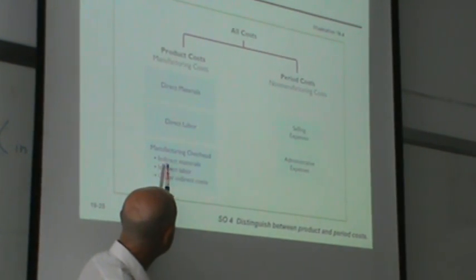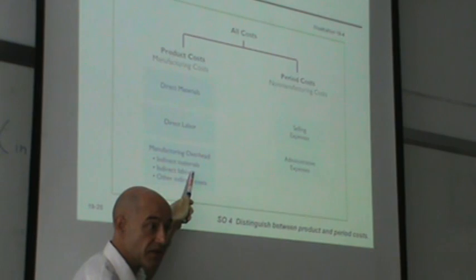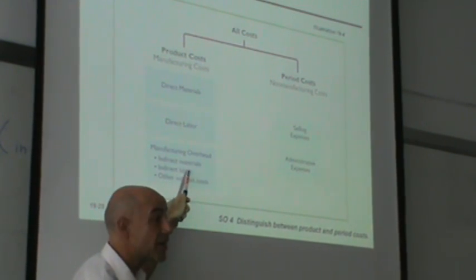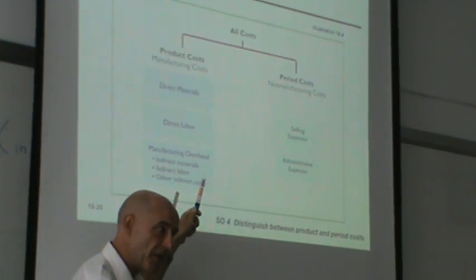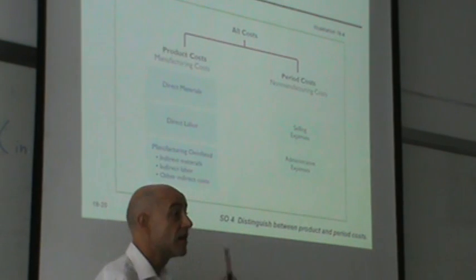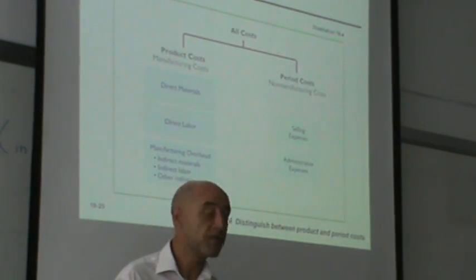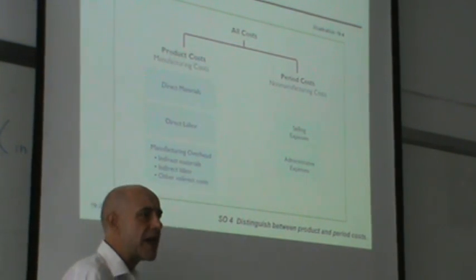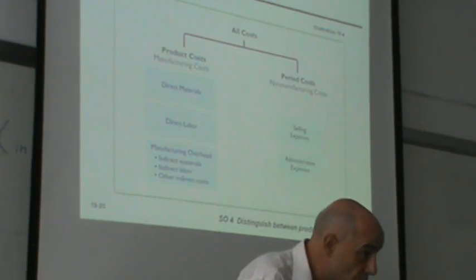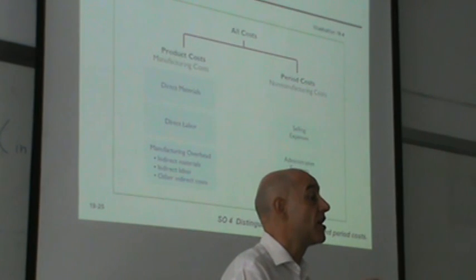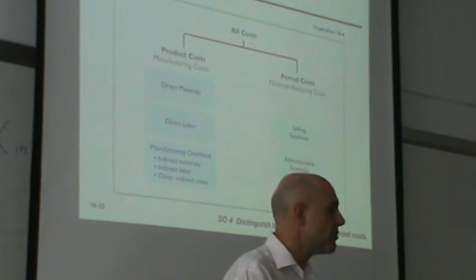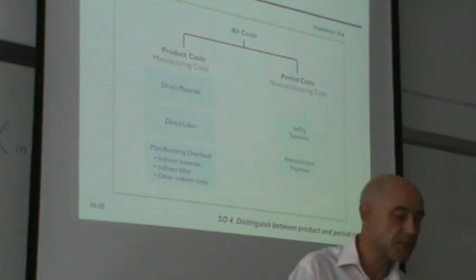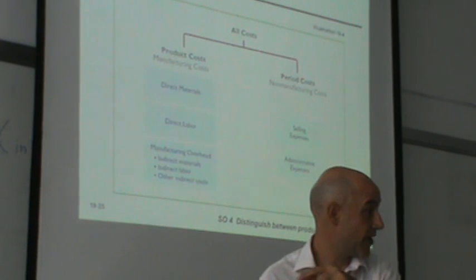Here, you still have some indirect materials, okay? You cannot associate it with a specific product, but it's part of manufacturing. You have some indirect labor, okay? For example, the floor supervisor. He's part of the manufacturing, but you can't say, oh, he produced this bottle or he produced that thing, okay?